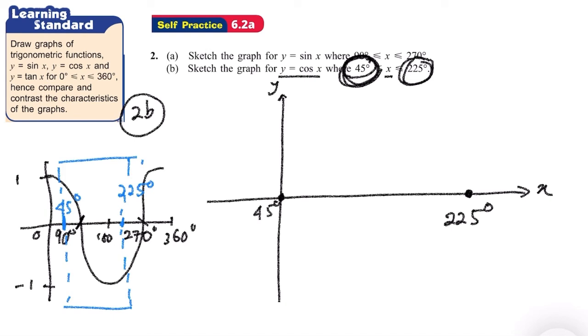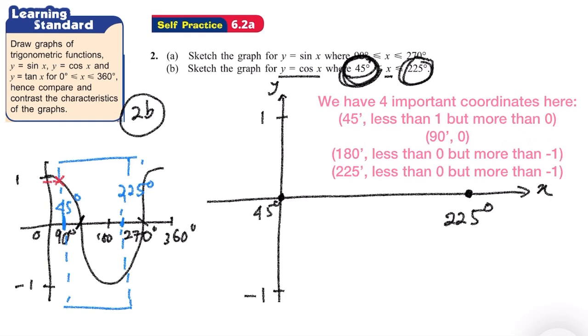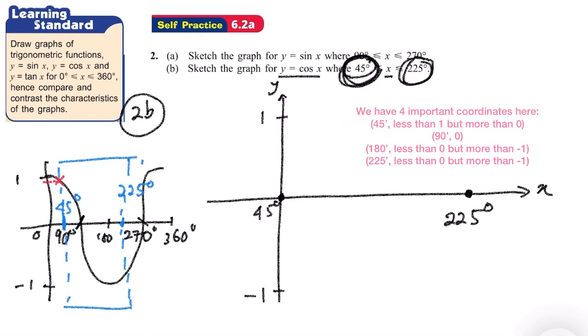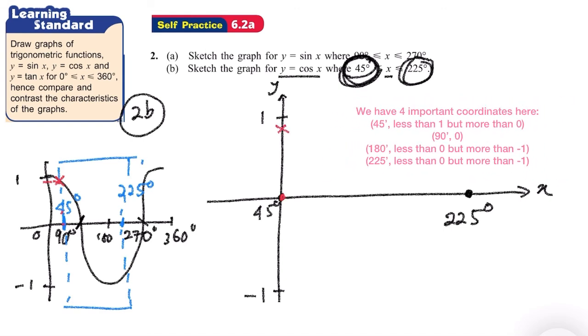First we need to know that our maximum value is 1 and negative 1. We need to know which coordinates to mark. The first one here is just below 1 for the y coordinate, and the x coordinate is 45.